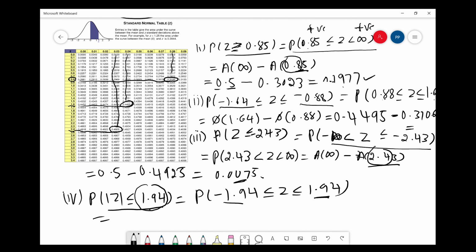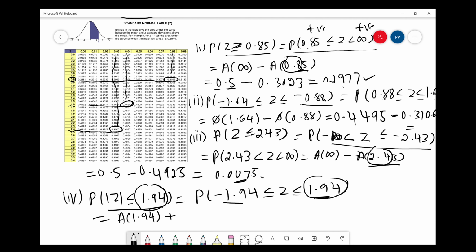Using the result, you can write it as A of the upper limit, A of 1.94, plus, not minus like the previous case. For a complete positive interval, it is A of upper limit minus A of lower limit.